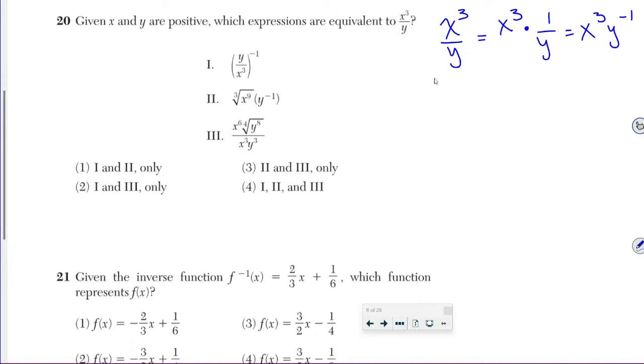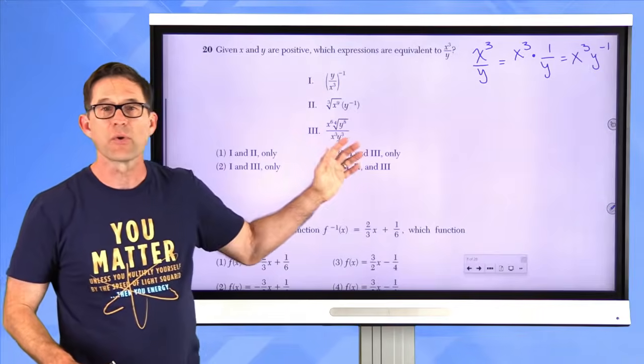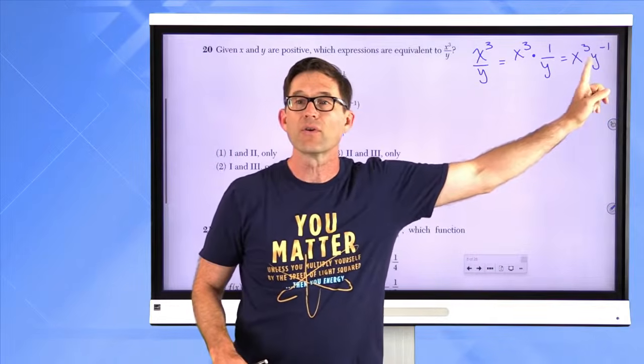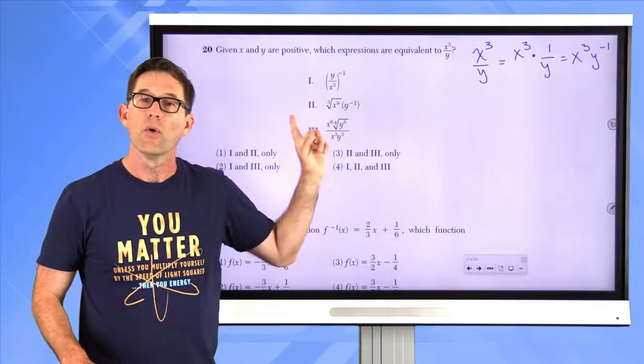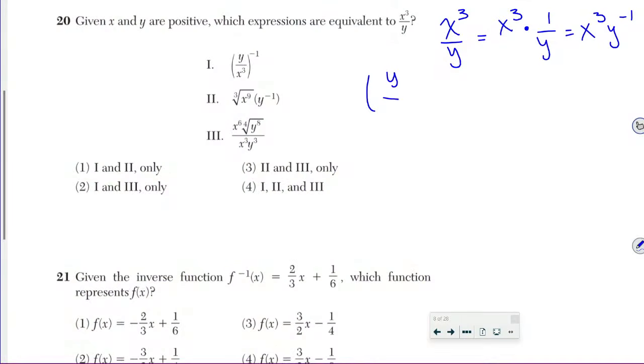So ultimately, the thing that I'm really trying to think about is, are any of these expressions equivalent to x to the third times y to the minus 1? Well, the first one, which is y over x cubed to the negative 1, is going to be y times x to the negative 3 to the negative 1.